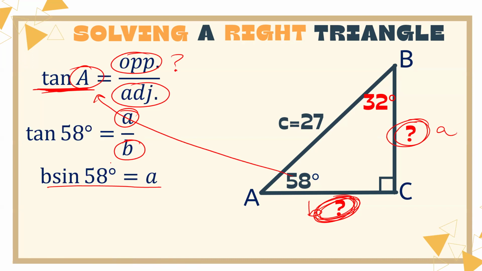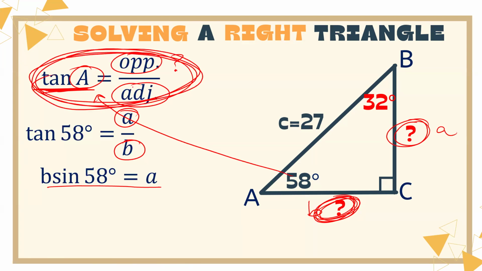We wanted to show you that if you use the wrong trigonometric ratio or trigonometric function to solve for the length of the sides of the triangle, and if at the start you do not know the length of both sides, then you might not be able to solve the problem correctly. Okay, so it's very important that you know which trigonometric function or trigonometric ratio should be used for a particular problem.